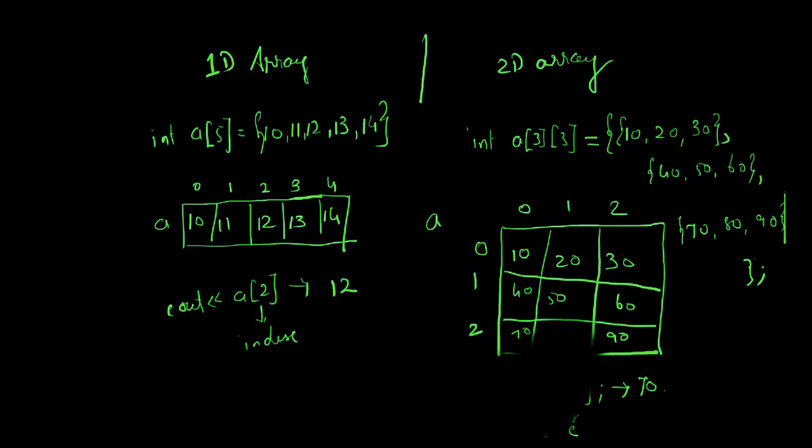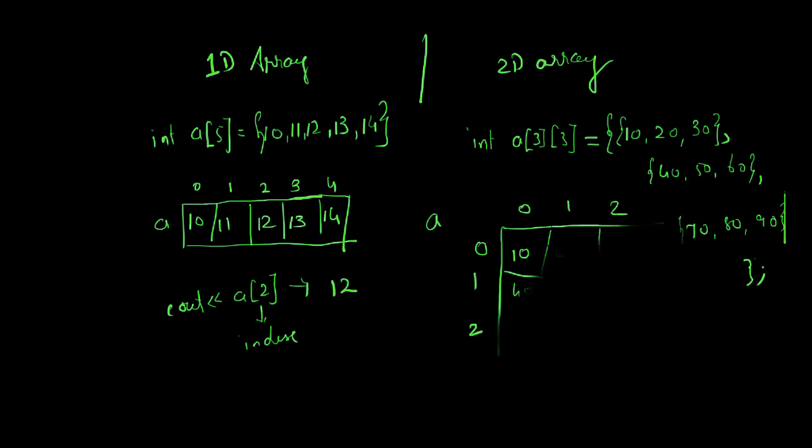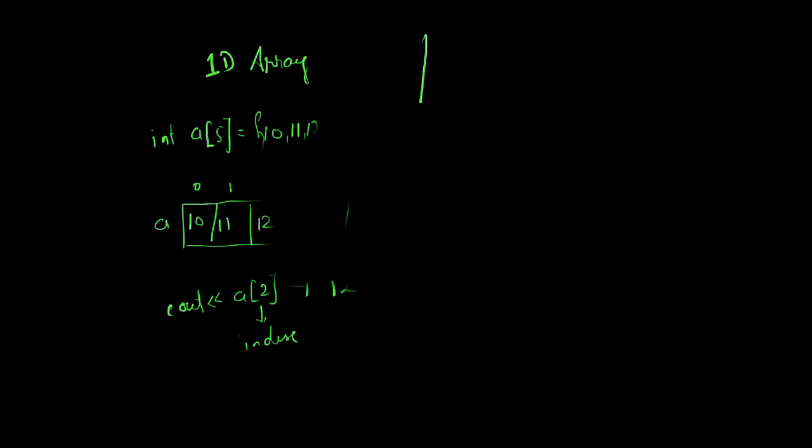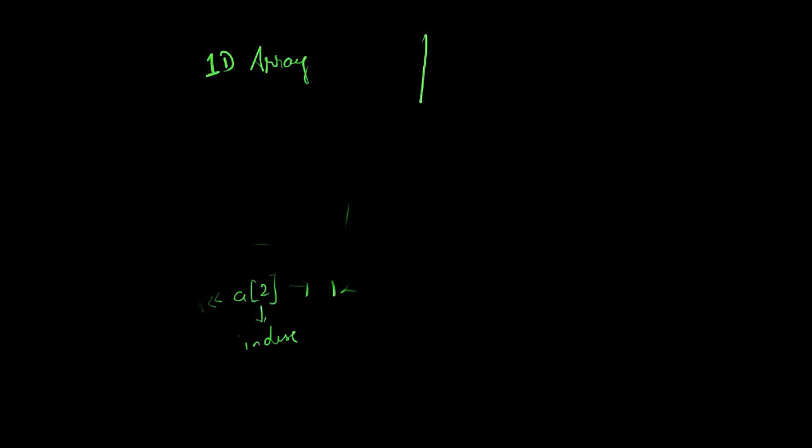Now, before moving on to the problems of how to work with two-dimensional arrays, I will let you know how to get the values of a two-dimensional array during the runtime.